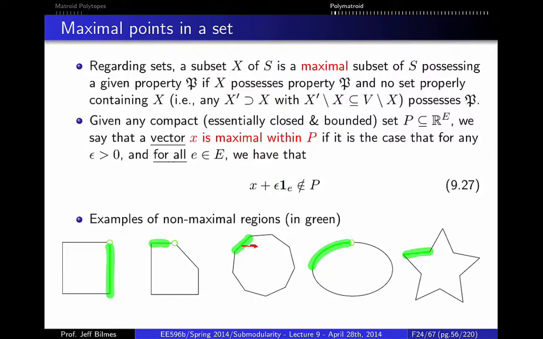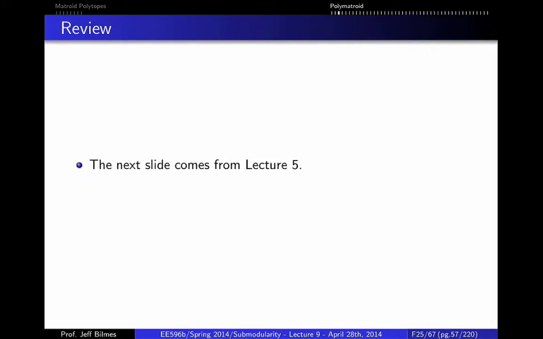I'm just saying here are some examples of non-maximal regions. But yes, I could take the rest. Anything that's not the red would be non-maximal. We didn't say the maximal, non-maximal region, but we could have said that if we wanted to. I just want to make sure the distinction is clear when it's maximal and when it's non-maximal.